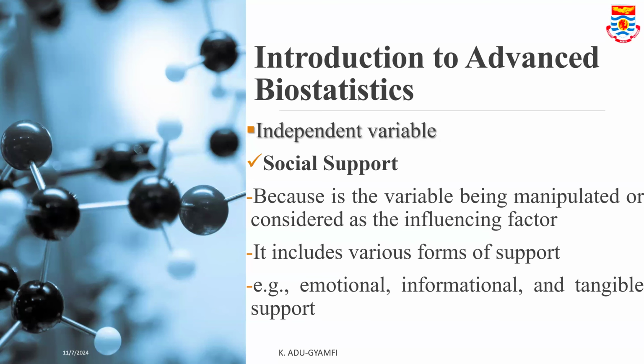Because it's not all the cases that we manipulate. It may include various forms of support. It can be emotional, informational, tangible support. So somebody can do this study, but may be looking at emotional support, informational support, or tangible support. They can be different studies. And that's why, once again, reading literature is important.